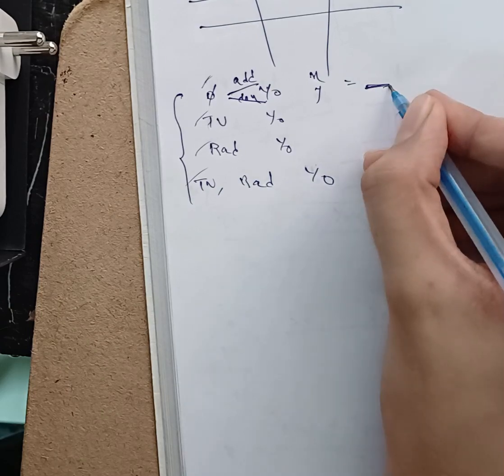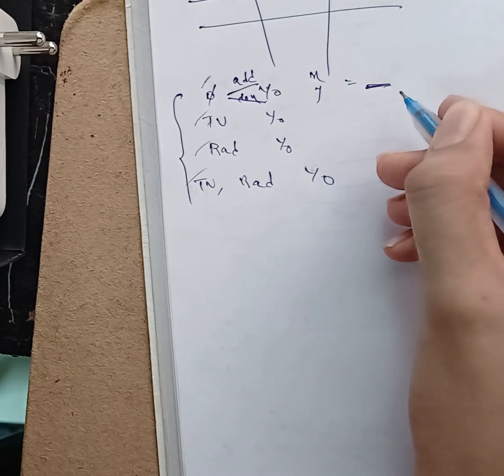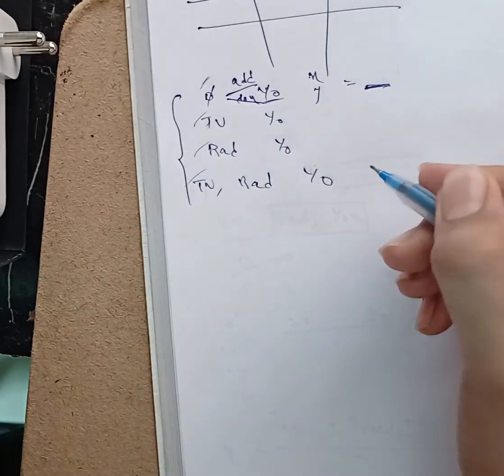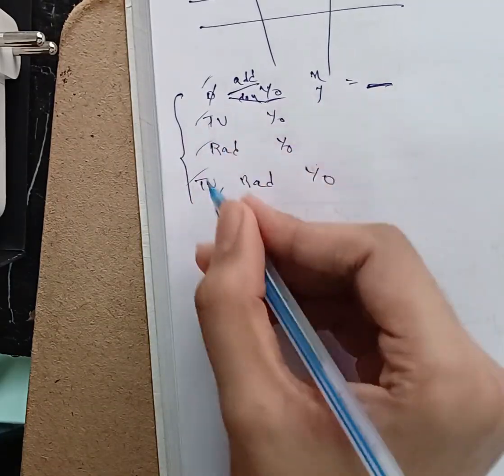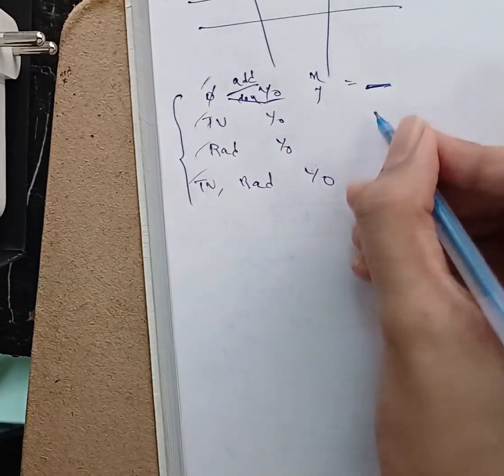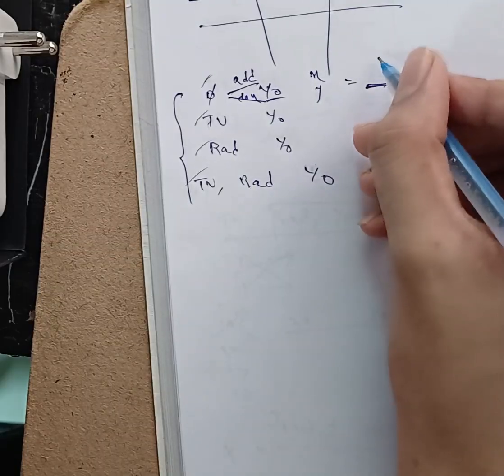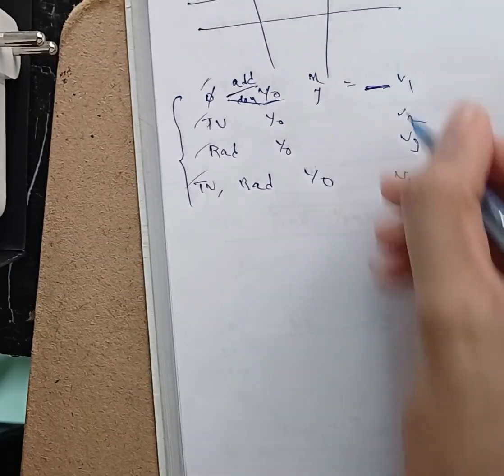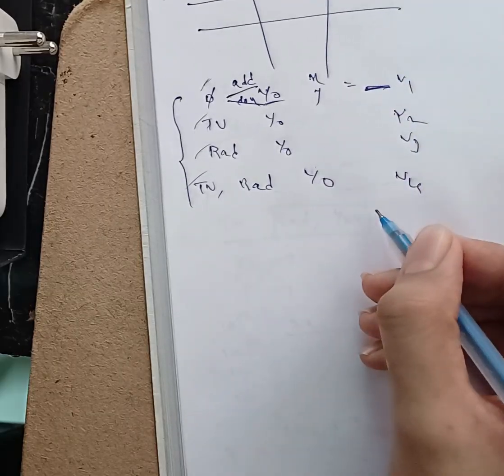This difference is nothing but the SHAP value. This difference denotes how important this feature is. We repeat this process for all these values, and we get value 1, value 2, value 3, value 4 for all these different permutations.